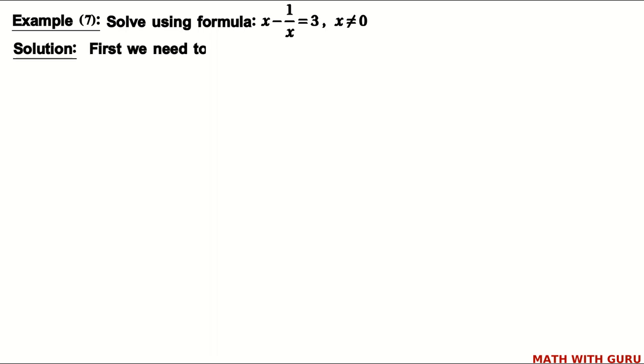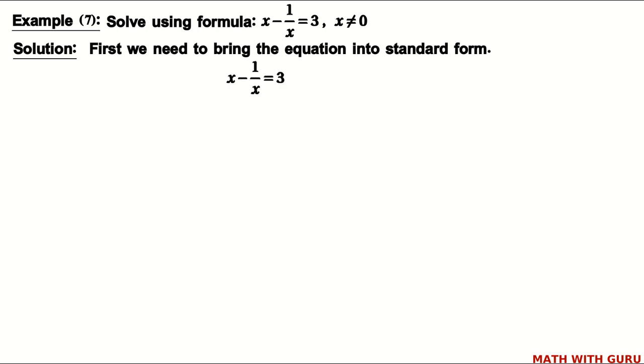Consider example 7. Solve using formula x minus 1 over x equals 3, where x is not equal to 0. First, we need to bring the equation into standard form. x minus 1 over x equals 3.